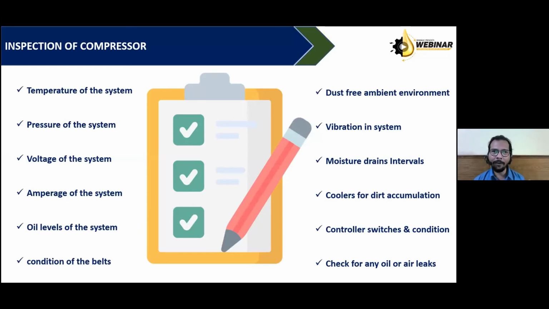Sometimes we have to visit the field to see the actual condition. We can hear the noise, we can feel the vibration or any change in the sound of the compressor, we can feel the heat. So by using these checklists, we can assure that our compressor is running happily, and we will not end up with a breakdown.